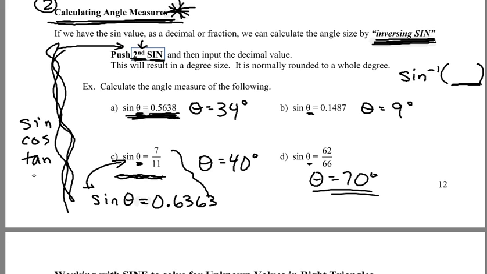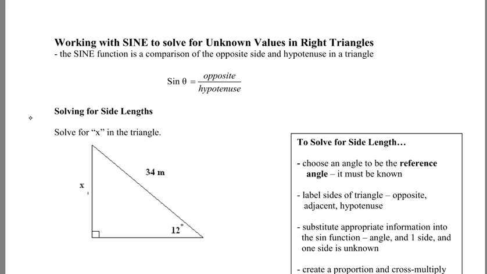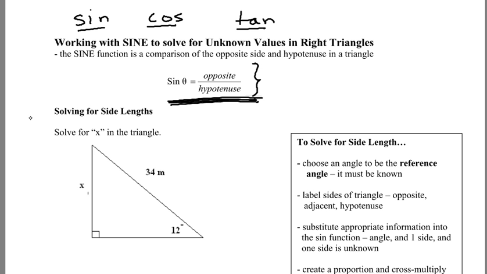So let's take a look at how this whole trig thing works. Like I said a couple times now, these trig ratios, whether it's sine, cosine, or tan, are just comparisons of sides. Each trig ratio compares different sides though. Today we're doing sine, and sine is always comparing the opposite to the hypotenuse.